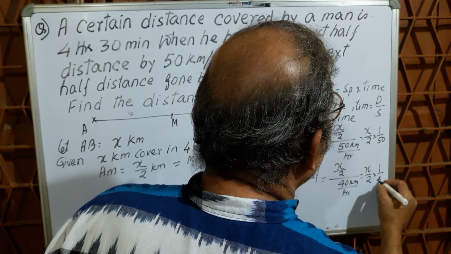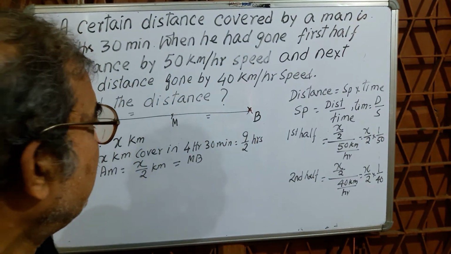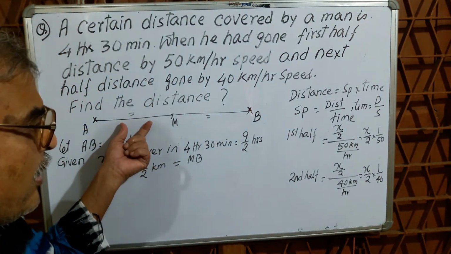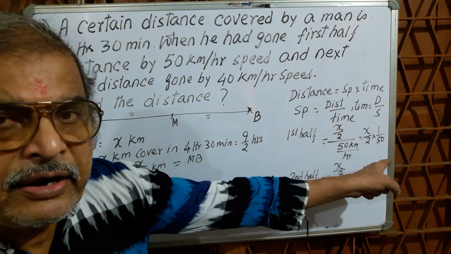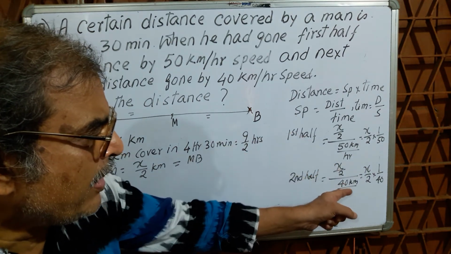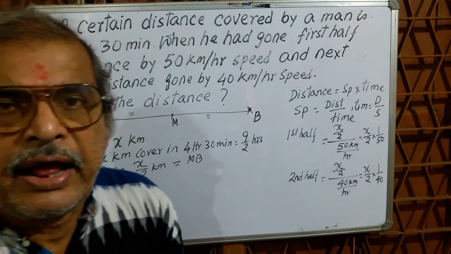So now you see the total distance is covered in 9 by 2 hours, and this distance is covered in x by 100 hours, and this distance is covered in x by 80 hours. Clear? Now you can add it.